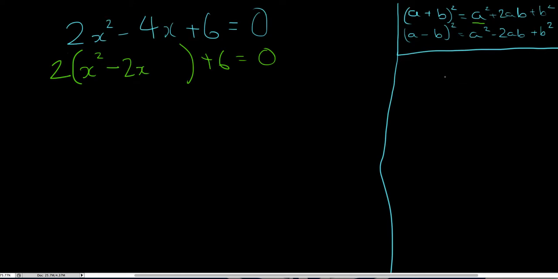So our first step would be: pull first coefficient out of first two terms. Only the first two, okay? Just keep that in mind.